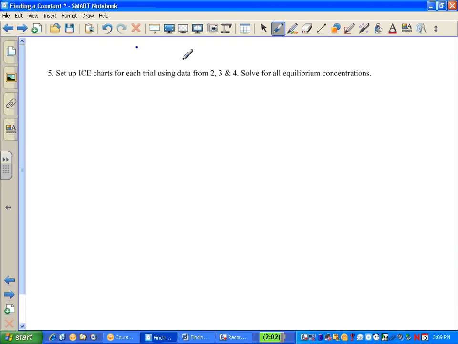Next, what we need to do is take all of the information that we have and use it to set up an equilibrium ICE chart. An ICE chart is really a tool that's going to help us to organize all of our numbers for the equilibrium that we're studying.